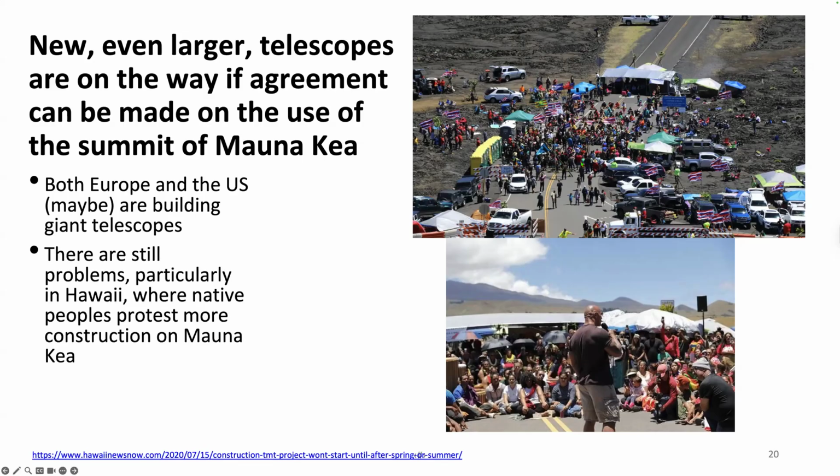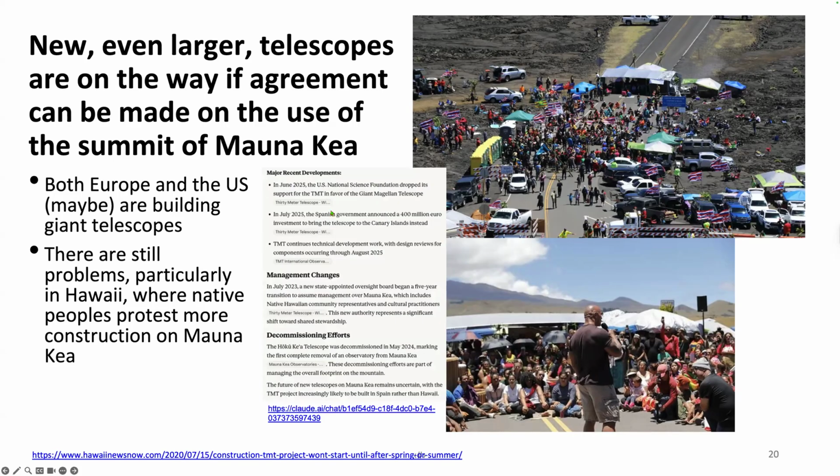And it's been a 25-year challenge to get everybody to be happy with putting a telescope on the summit. One path to that was the request that was granted to remove older telescopes and make room for the new ones. And as of yesterday, here's a little news briefing you can read if you wish about progress. And progress is really stalled. There will not be a super telescope in the United States in the foreseeable future.